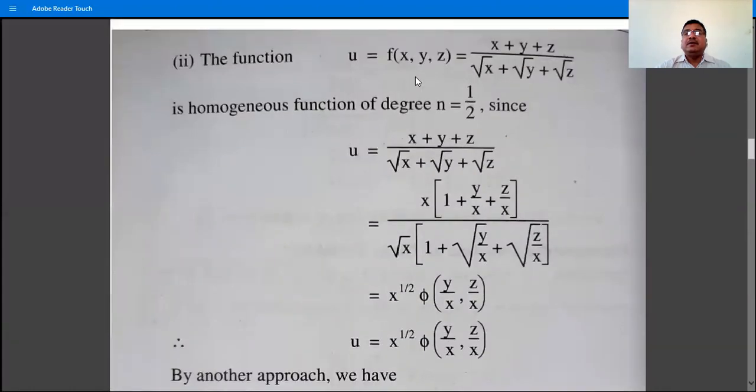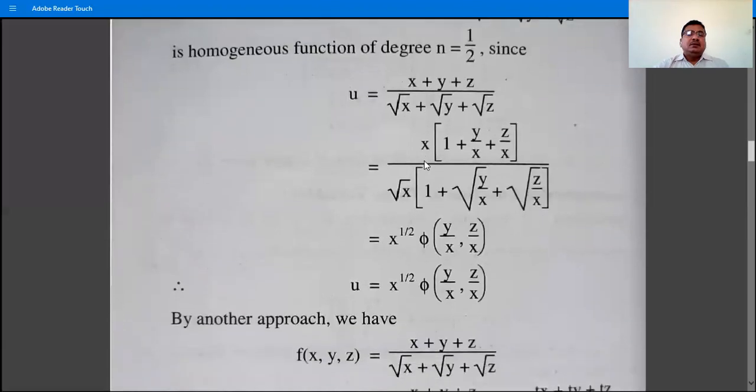Observe this example, f(x, y, z) is equal to x plus y plus z divided by root x plus root y plus root z. Take x as common from the numerator. We have 1 plus y by x plus z by x. Take root x as common. So 1 plus root y divided by root x means root of y by x, root z divided by root x means root of z by x. And so x raised to 1 divided by x raised to half is x raised to 1 minus 1 half, by using the rule x raised to m divided by x raised to n is x raised to m minus n.